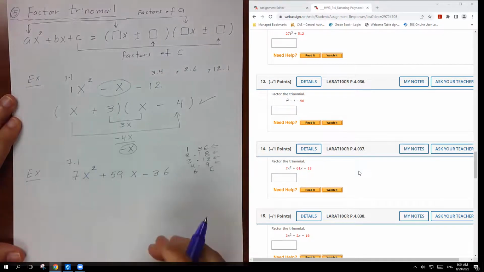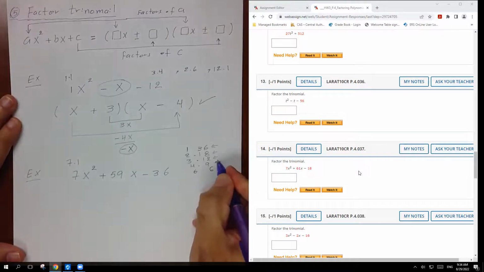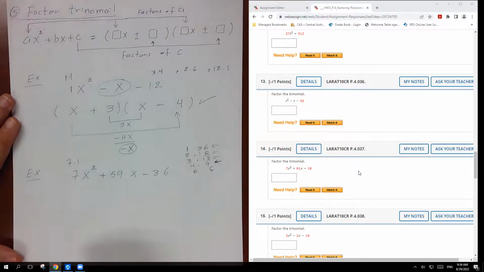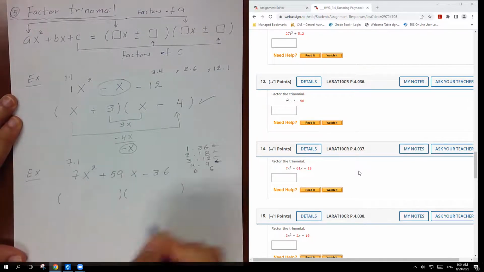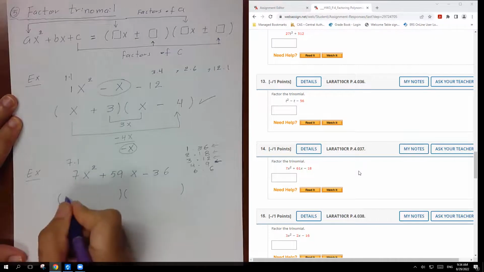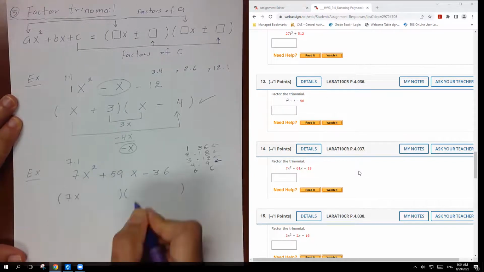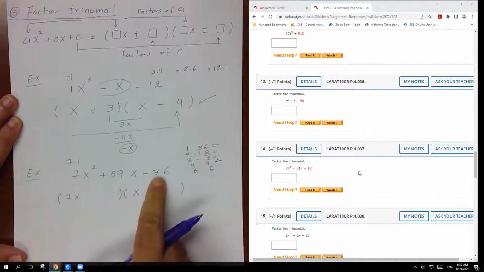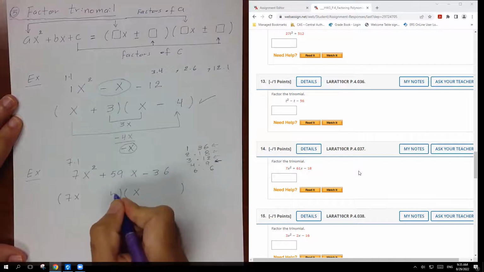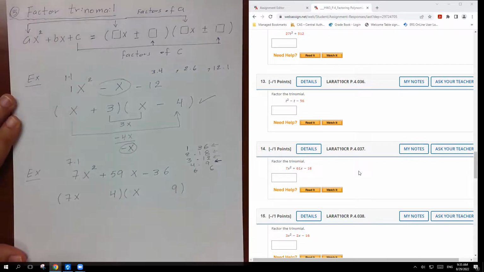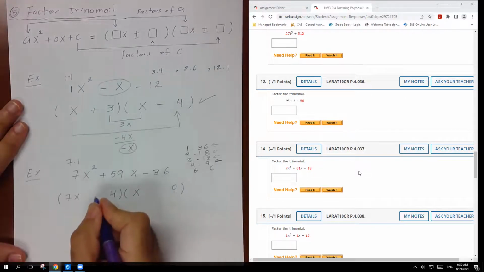So let's start. I'm going to choose this one, 4 and 9. I'm going to open 2 parentheses. I'm going to write down 7x here and 1x here. For 36, I'm going to choose 4 and 9. Let's write down 4 here and 9 here. So now, the first thing, I'm going to choose plus and minus.